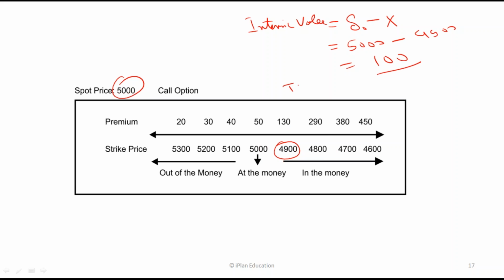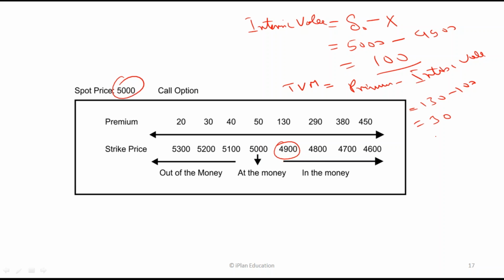Okay, so time value of money is basically the opportunity cost of keeping the contract with you. So time value of money you can say is premium minus intrinsic value. Here in this case the premium is 130 and the intrinsic value is 100.